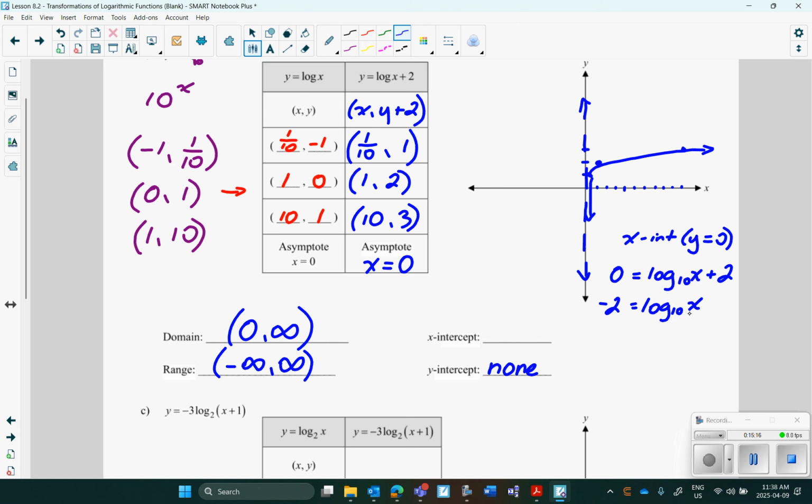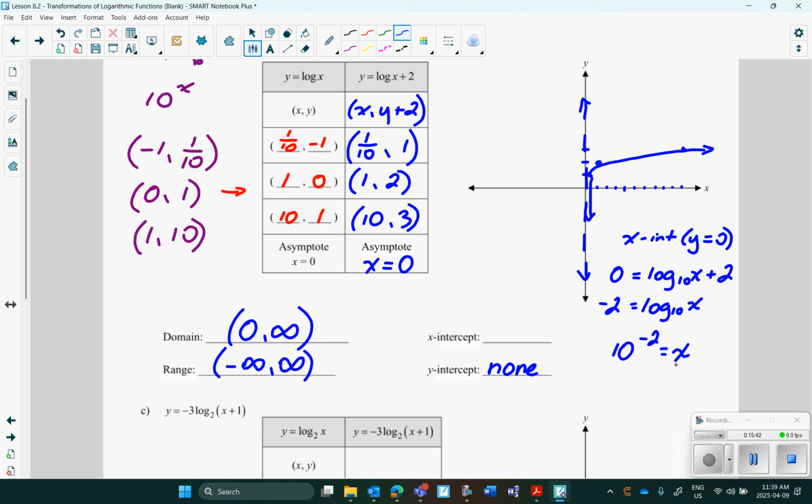How can we figure out what x is? Change it to exponent form. What does this look like in exponent form? Remember how to change it? 10 to the -2 equals x. Because base becomes base, answer to the log becomes exponent, and then argument becomes answer to the exponent.